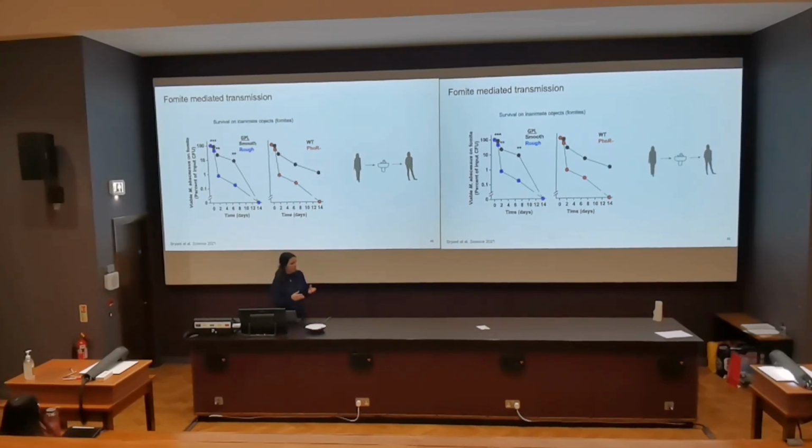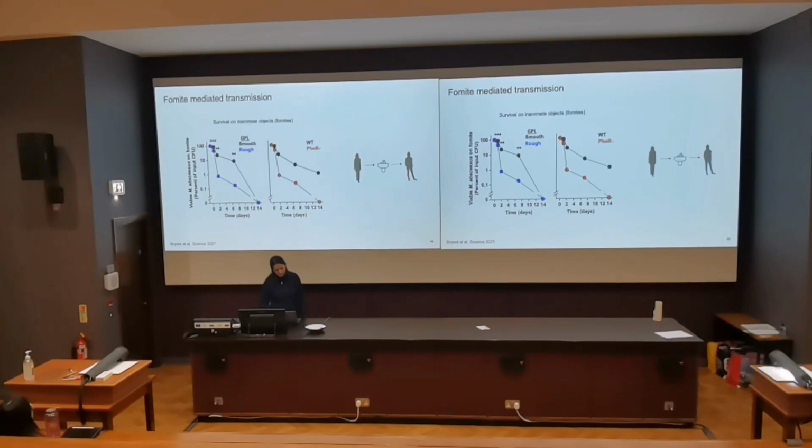If we just laid them out on a dish on the lab bench and left them, they seem to survive less well compared to strains without these mutations. So we think that this adaptation has led to a specific fitness cost in terms of fomite-mediated transmission, which we think is a particularly important way that strains are able to be spread between each other, for example, like in the sink scenario.